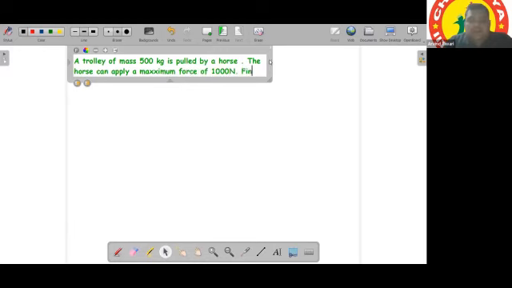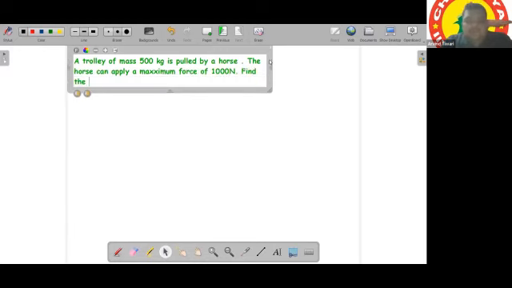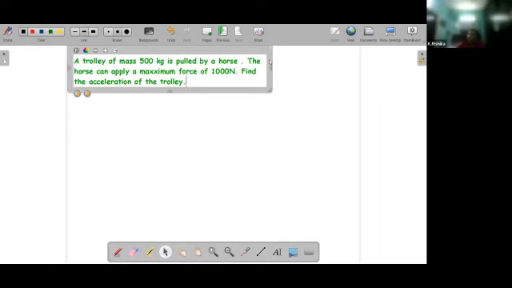So you have to find the acceleration of the trolley. Sir, 2 meter per second square. Okay, 2 meter per second square.